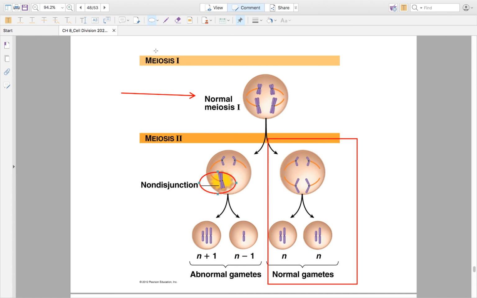And so in the end, we get 4 cells, right? These are normal, normal, normal, 2 of 4 of normal, and then these are abnormal. So we're going to have abnormal gametes.